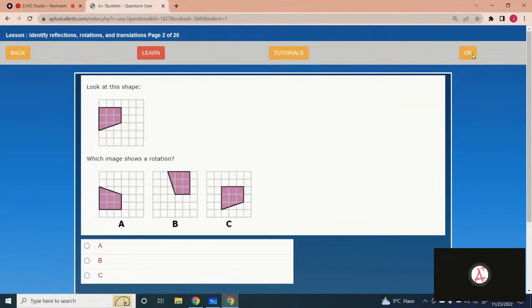Okay, now look at this shape. Which image shows a rotation? We need to see which of them is a rotation. B is the rotation, isn't it?